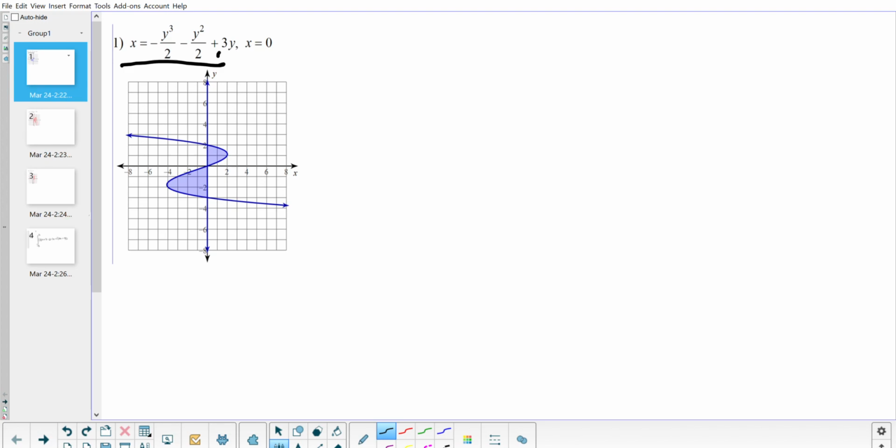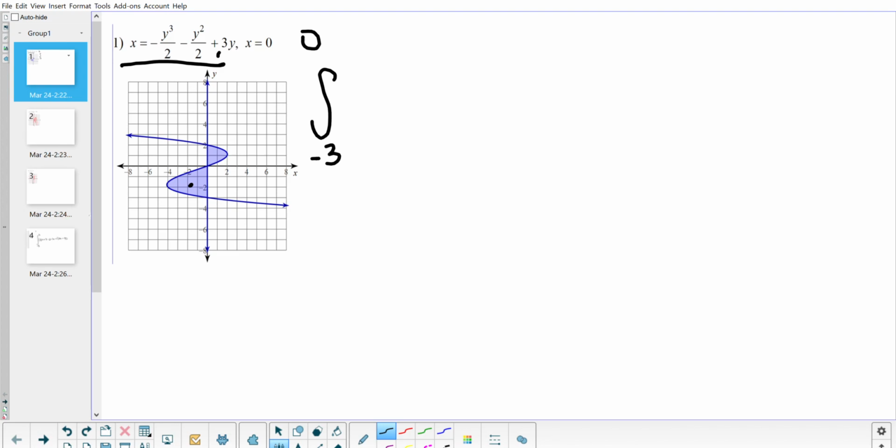So, thinking left to right this time, which means lowest to highest, I'm going to start with this bottom area, this one right here. This area stretches from the y value -3 to the y value 0.